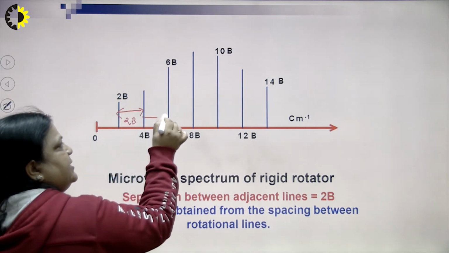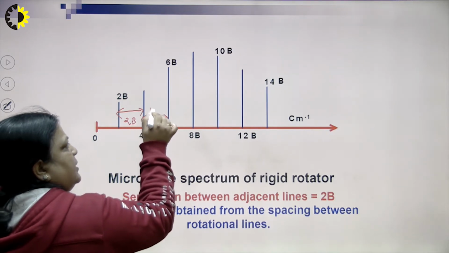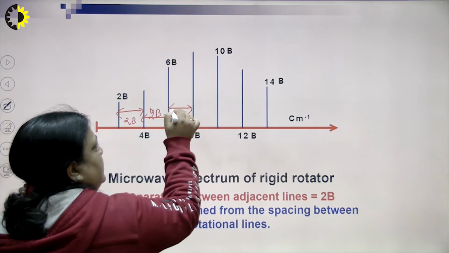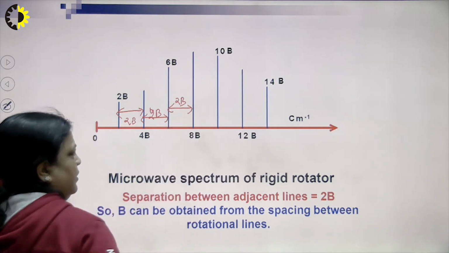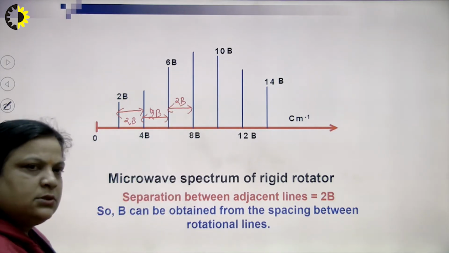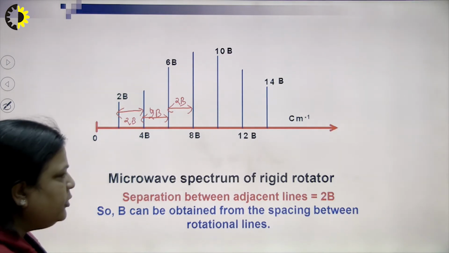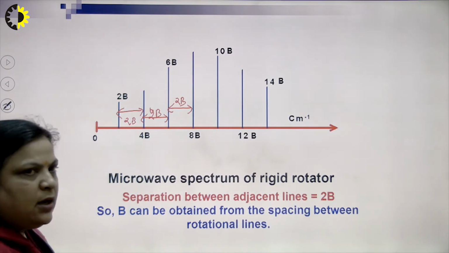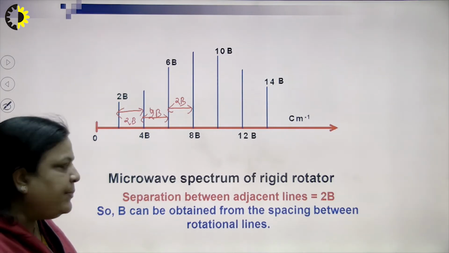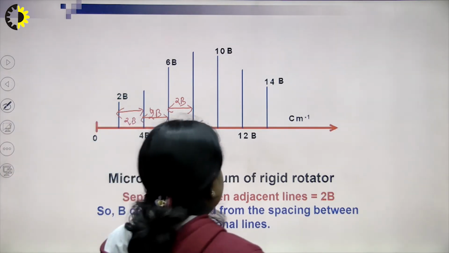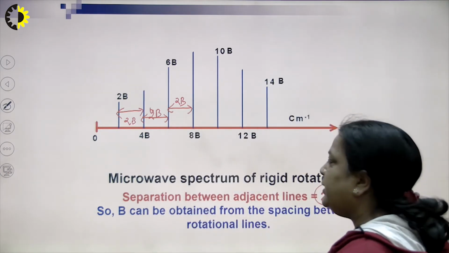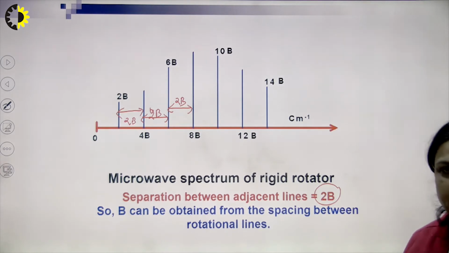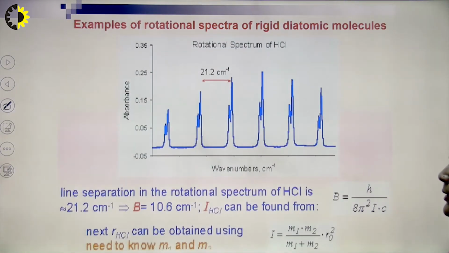Here we can easily see 6B minus 4B is again 2B, and 8B minus 6B is again 2B. So keep this point in mind: in the microwave spectrum of a rigid rotor, the separation between two adjacent lines will always be 2B, and B can be obtained from this spacing.